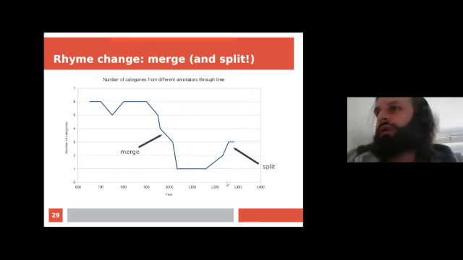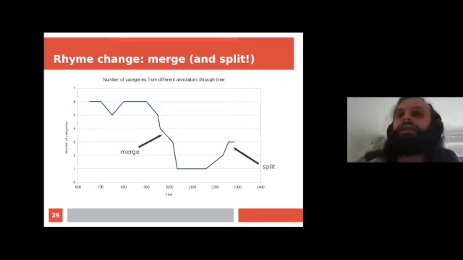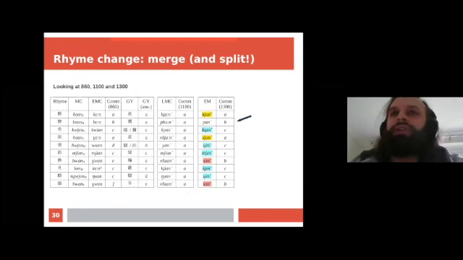And when the number increases again, things that in the 12th century all rhymed now cease to rhyme. So we can have a deep dive into why that might be the case.